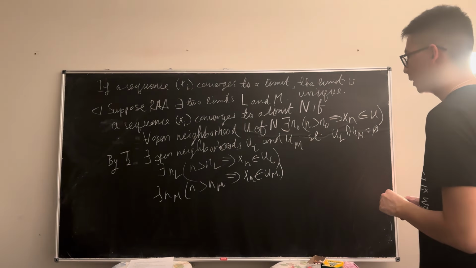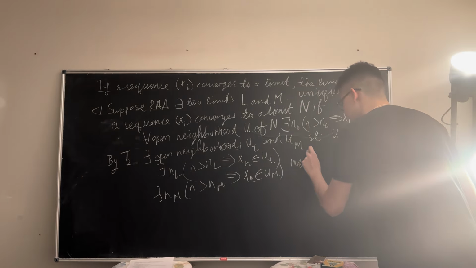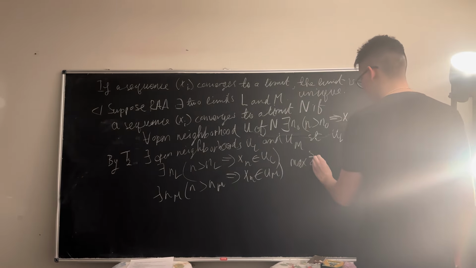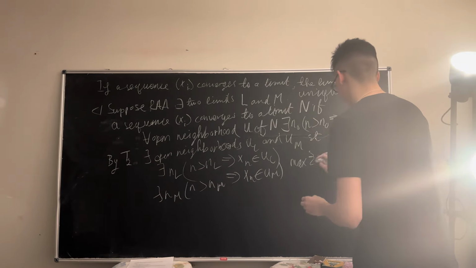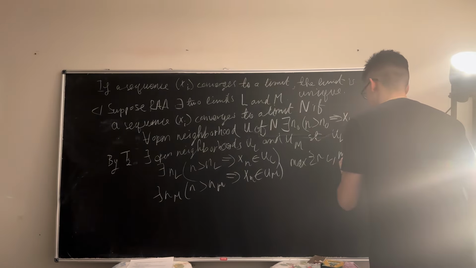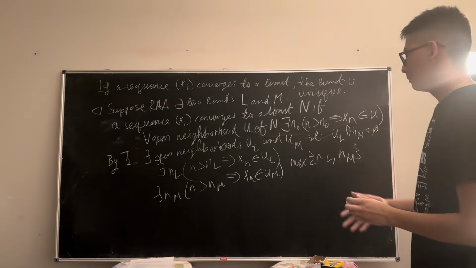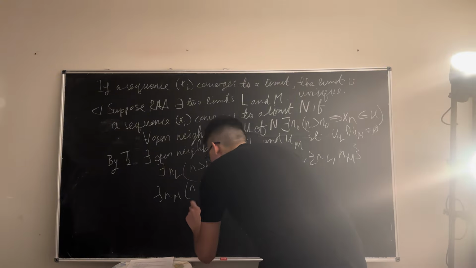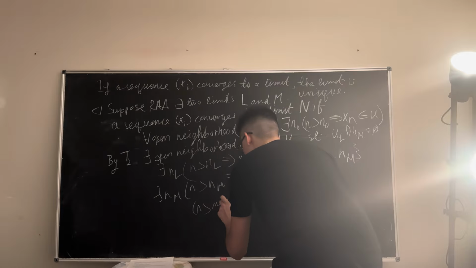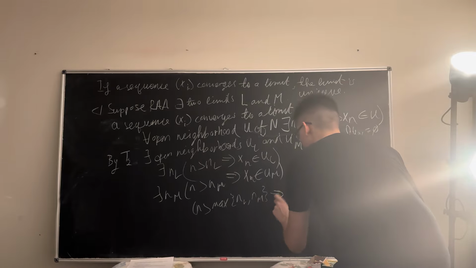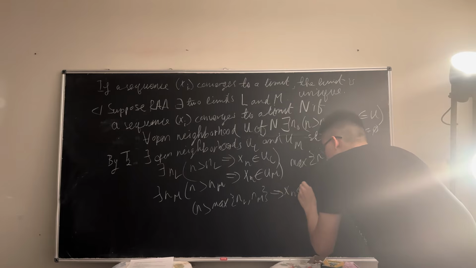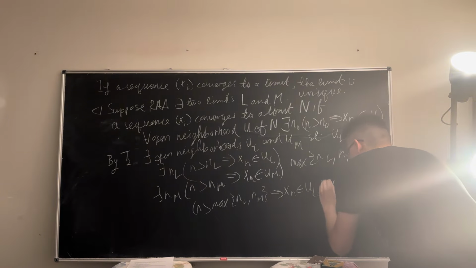Now, consider the maximum of these two numbers. For n greater than the max, x_n belongs to U_L and x_n belongs to U_M.